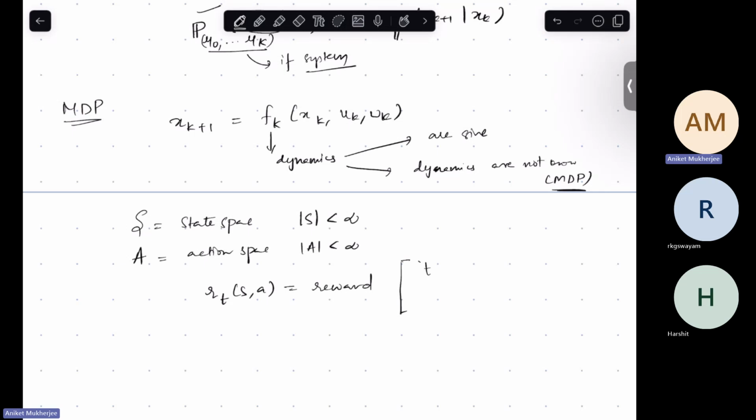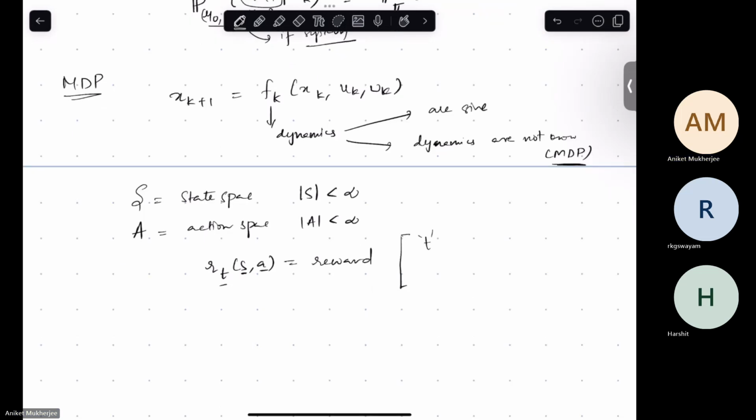This is the reward you get at time t if you are in state s when action a is chosen. So if you choose action a when you're in state s at time t, then you get reward r_t(s, a). And there is also the transition probability, the probability at time t of the next state conditioned on the present state and the action.